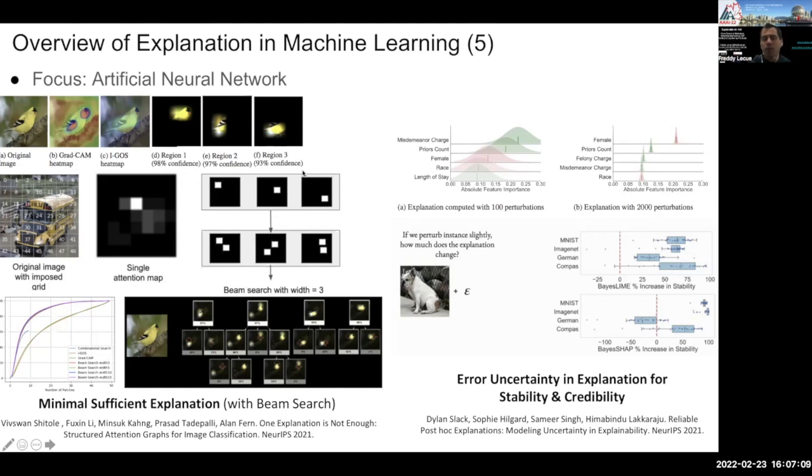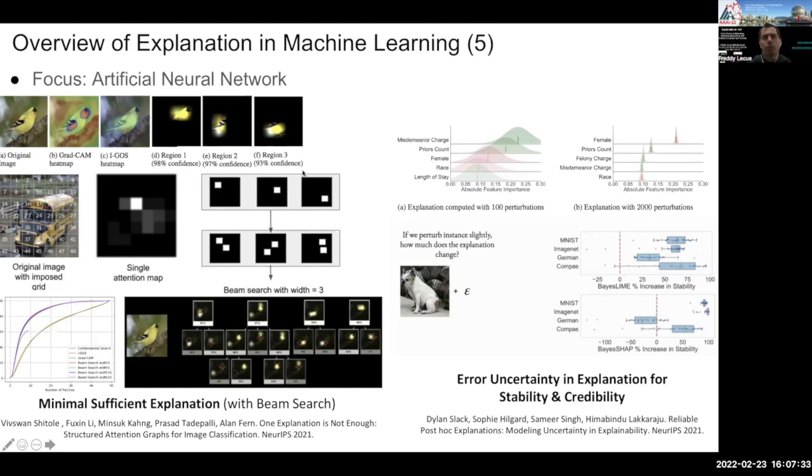Some work on uncertainty, again published at NeurIPS three months ago, where they try to see that when you get explanations, there's a level of uncertainty. Usually the more inputs you get, the better. Usually you do some kind of perturbations, but the perturbations might be statistically realistic or not.